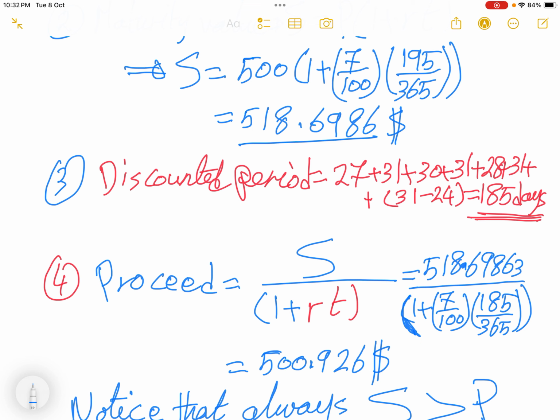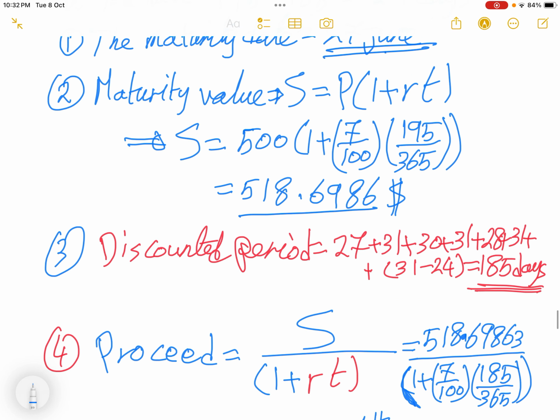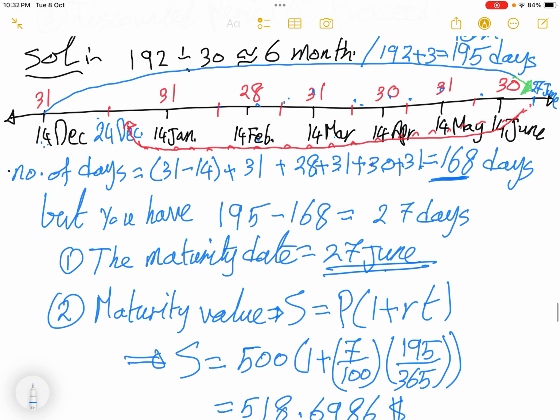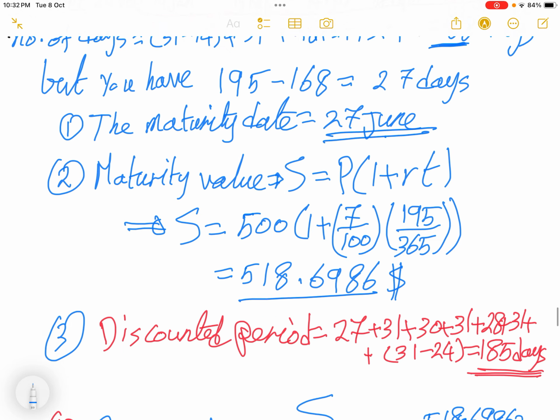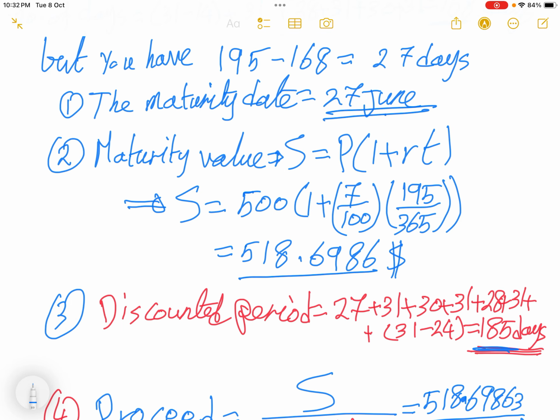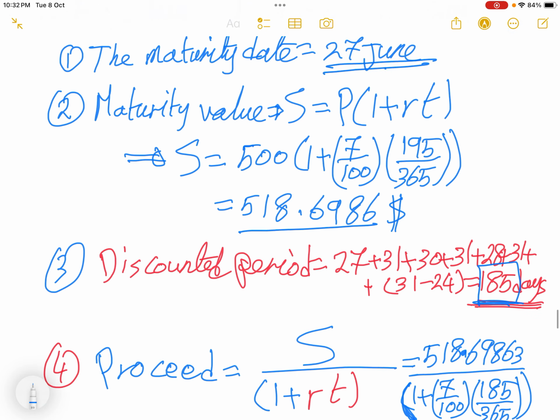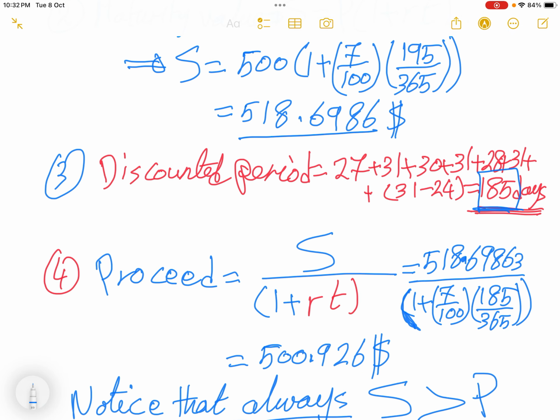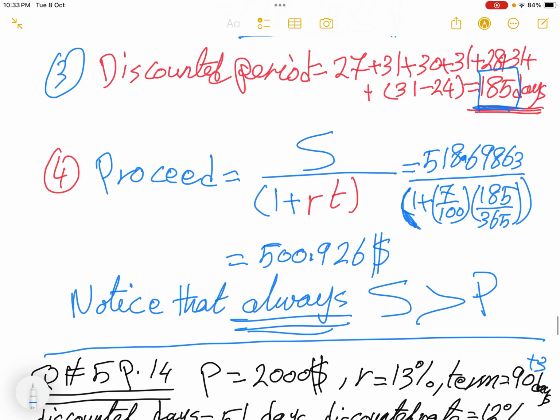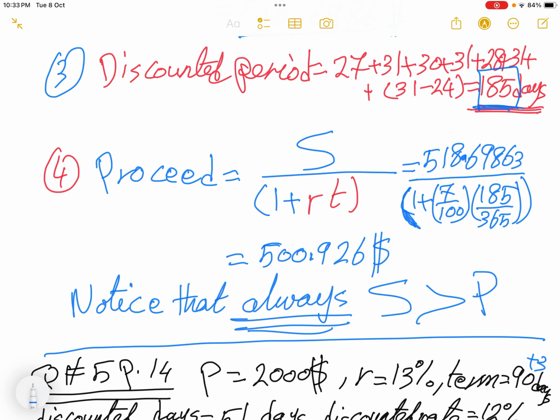This is why I write 185 here, 185 divided by 365, and in the numerator 518.69863. Here you will have $500.926. Notice that always S is greater than B.